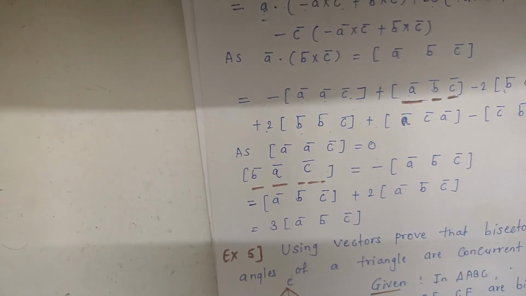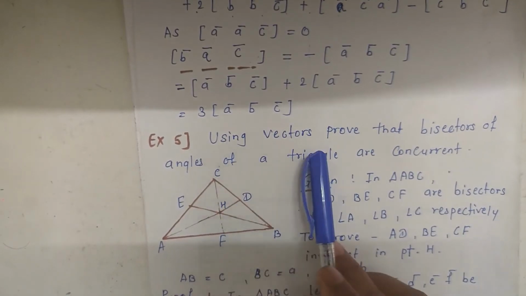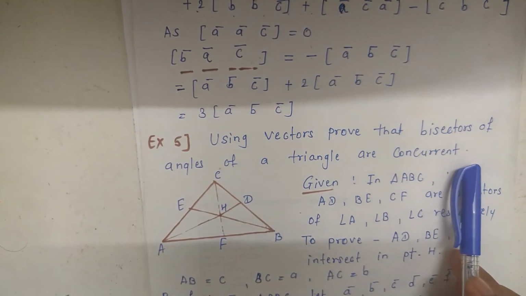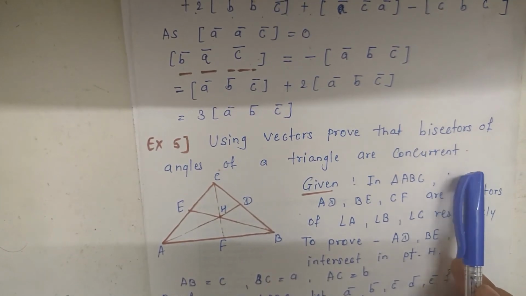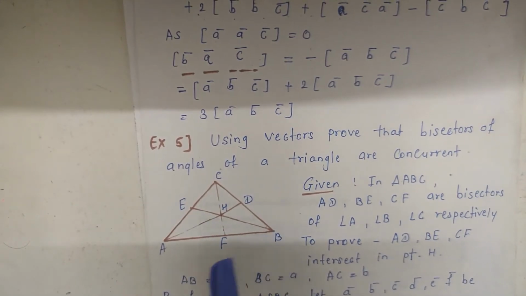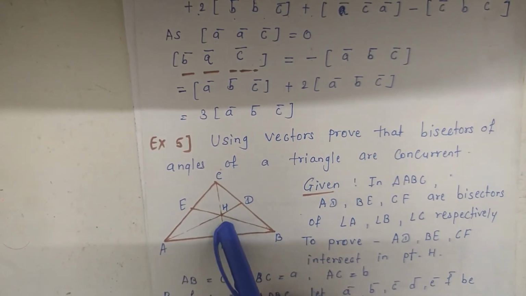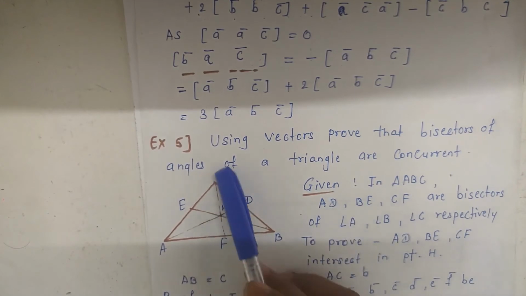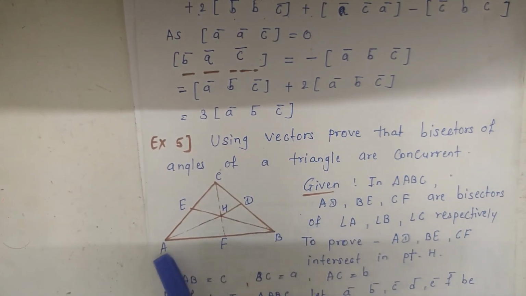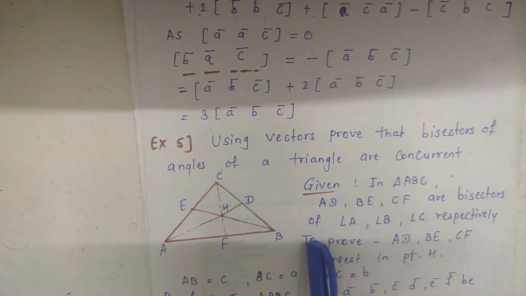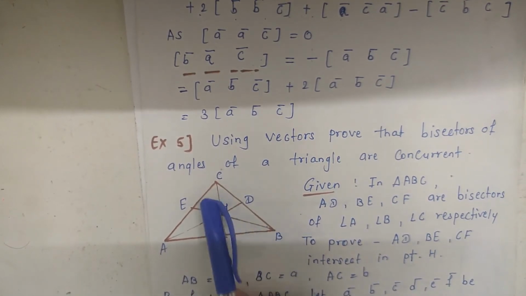Now the next example is: using vectors, prove that the bisectors of angles of a triangle are concurrent. That is, we have to prove that the angle bisectors of a triangle are concurrent, that is, they intersect in a common point, the same point. Here in triangle ABC, AD, BE and CF are bisectors of angle A, B and C respectively.